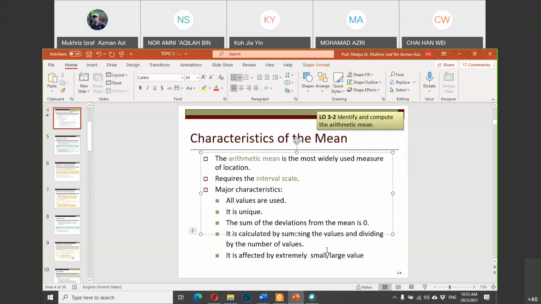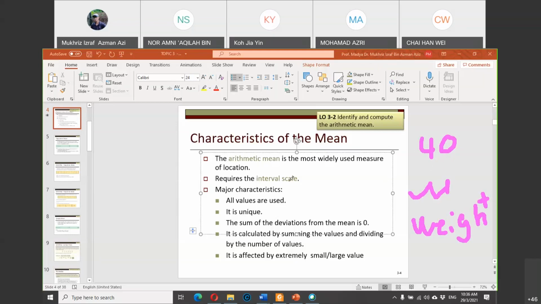Meaning that, let's say in your sample data, or in your classroom, you want to take the average of the weight of students. I usually use this example in class. Let's say there are 40 students in one class, and you want to take the mean, the mu, of the weight in kilograms of the students.